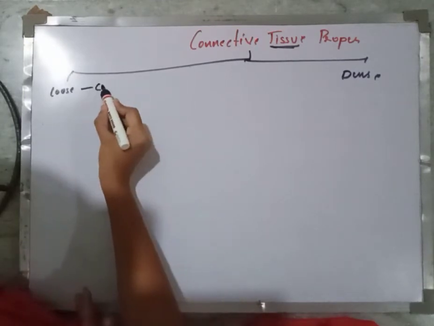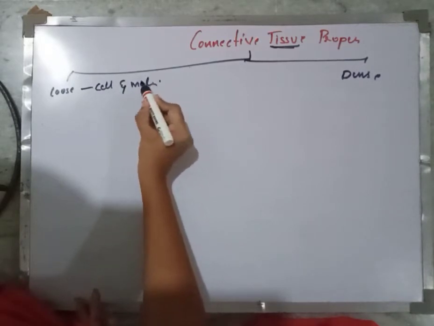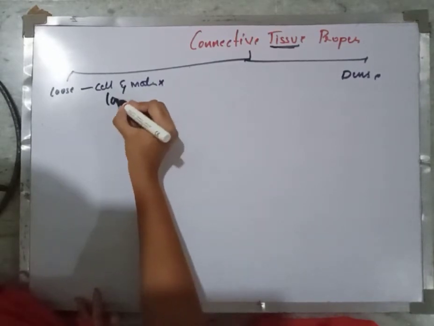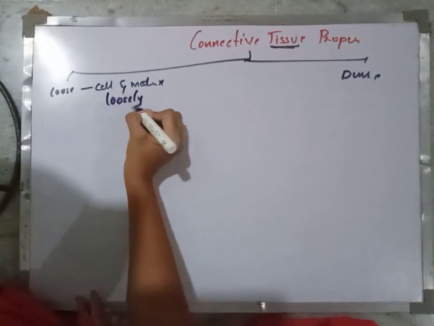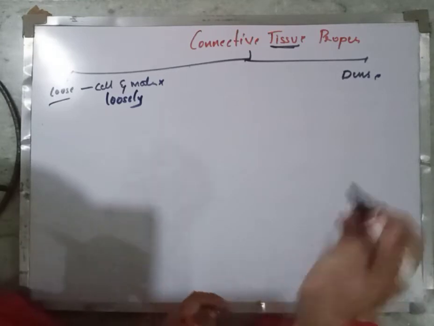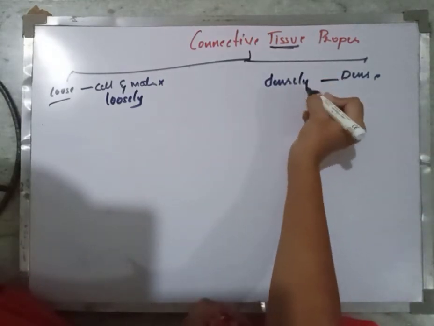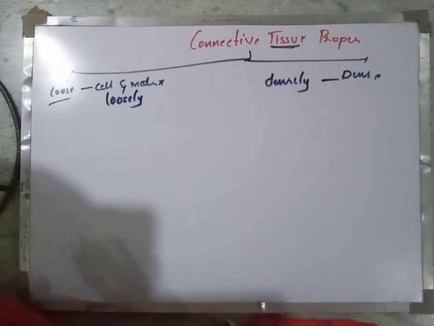If the cells and the matrix are loosely arranged in the tissue, it is called loose connective tissue. And if the cells and matrix are densely arranged in the tissue, it is called dense connective tissue. So this is the primary classification of connective tissue.